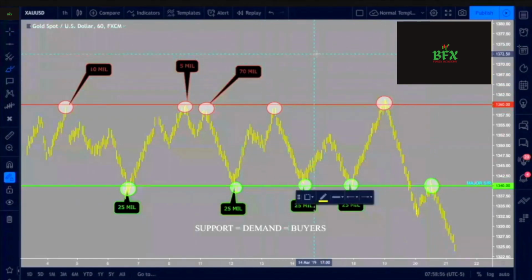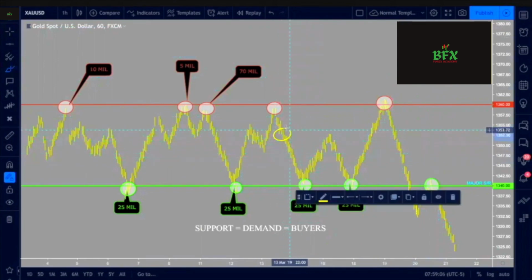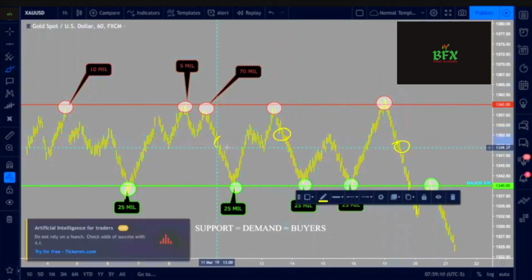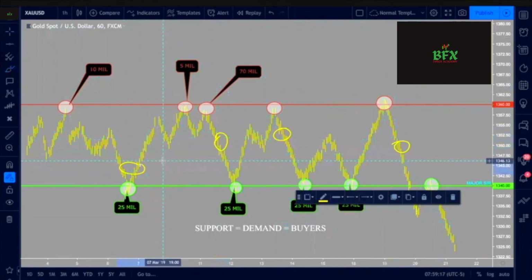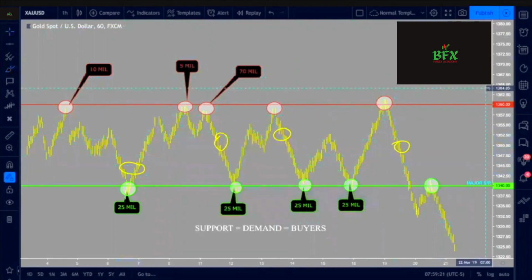All right, so just remember, these guys up here who have these sell orders at 1360 have a lot of money on the line. They cannot afford to have their orders executed right here or right here. They need to wait for price to come back up to 1360 so that they can continue to get their orders filled at the correct price.